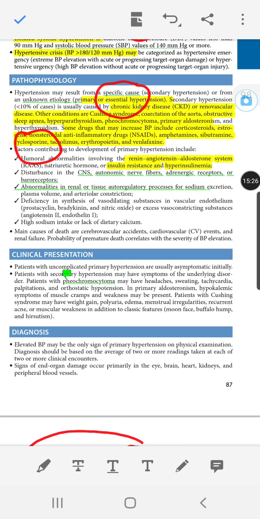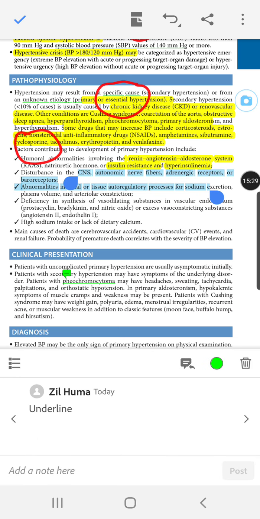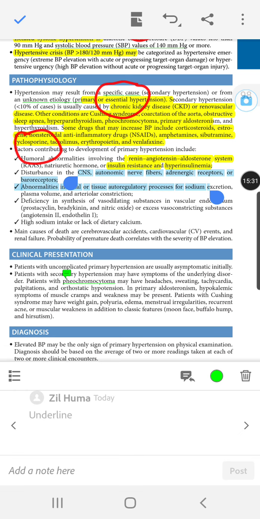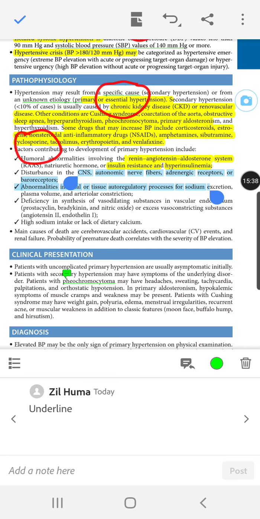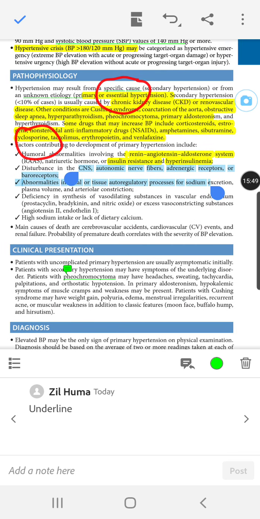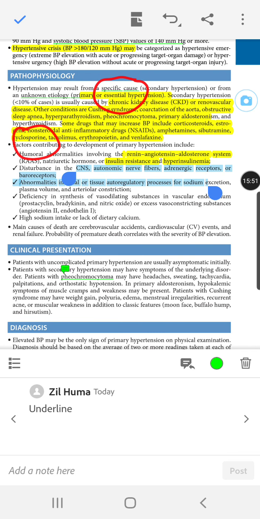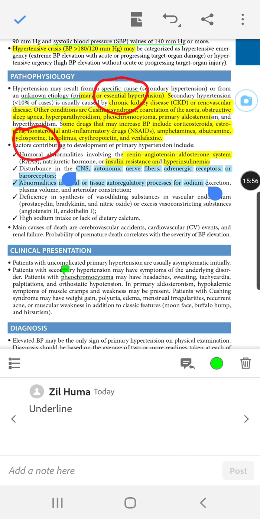If there is any abnormality in the tissue regulatory process for sodium excretion, maybe the sodium excretion does not occur properly, and when there is an intake of sodium, water passively enters. Then when water passively enters, there is an increase in fluid content and ultimately an increase in blood pressure.